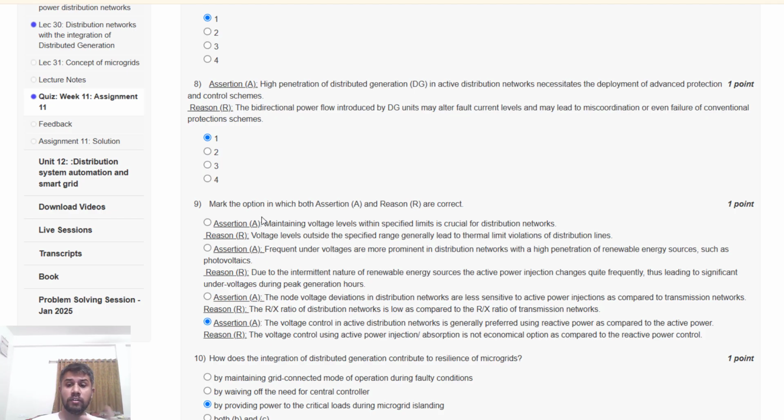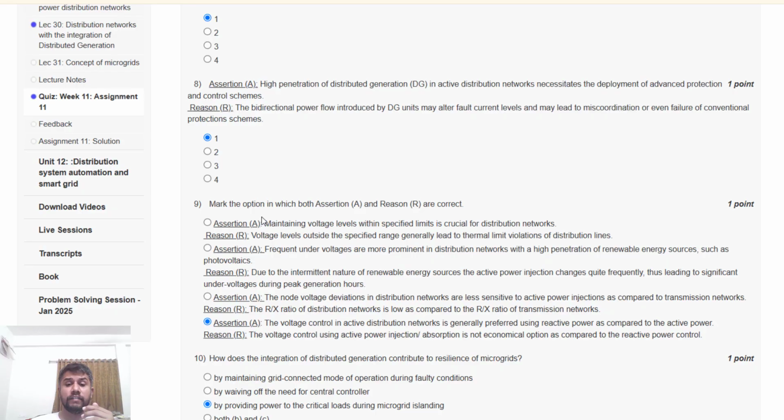So voltage control is preferred using reactive power control, and the reason is that voltage control using active power injection or absorption is not an economical option as compared to reactive power control. So answer D is correct according to me.